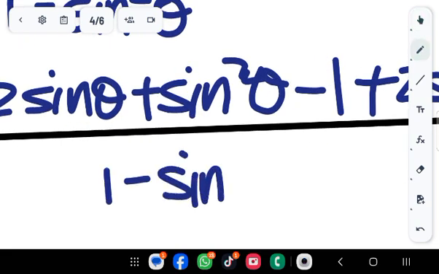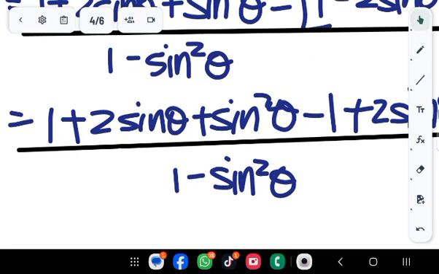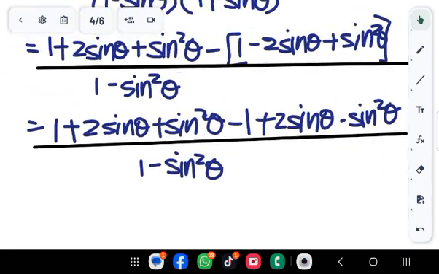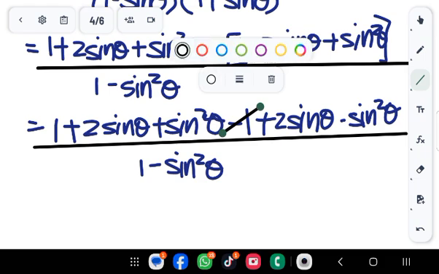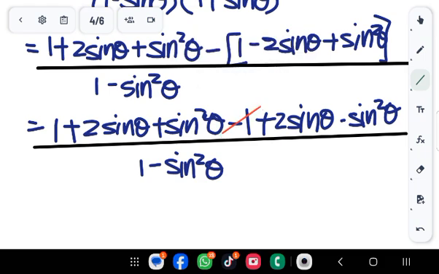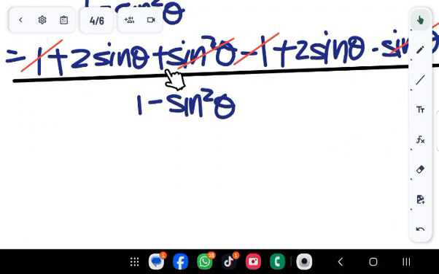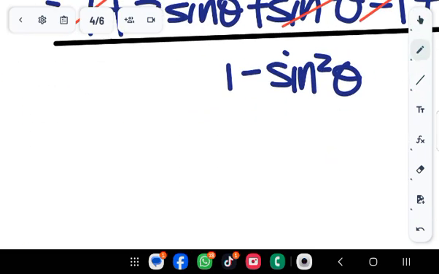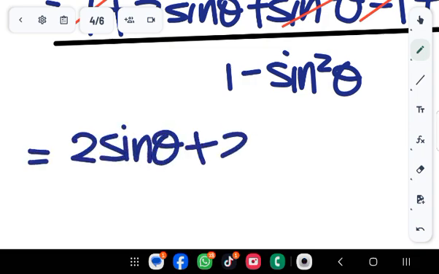The ones cancel out, they add up to 0, and the sine squared thetas also add up to 0. So we're left with 4 sine theta, 2 sine theta plus 2 sine theta.